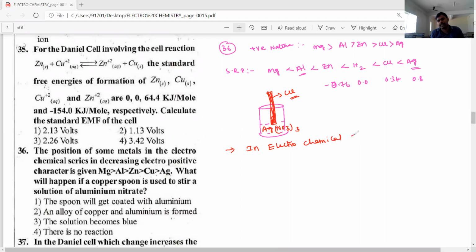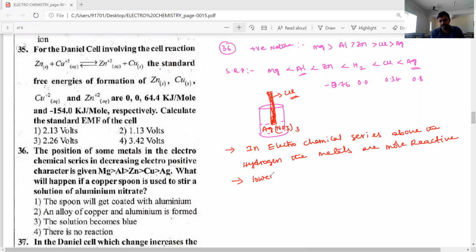In the electrochemical series, the metals above hydrogen are more reactive. Lower SRP value metals can displace higher SRP value metals.